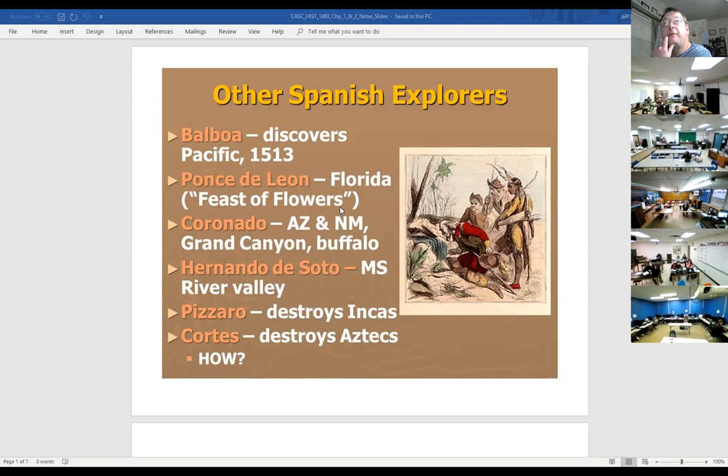Florida means Feast of Flowers. He started on the north part of Florida on the coast and just sailed down the Atlantic coastline of Florida around the southern tip. He went a little bit farther north on the Gulf of Mexico side, and then he went back to Puerto Rico. So he really didn't go much into the interior of Florida.